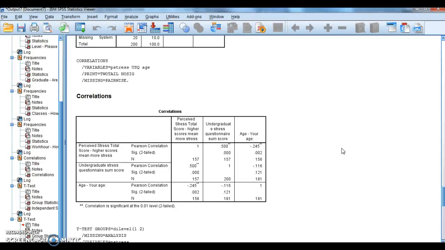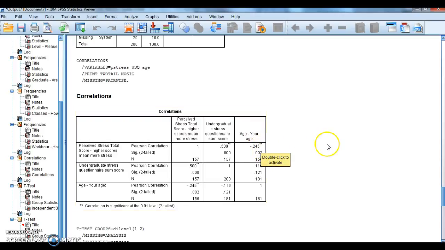If it's a negative correlation, it means that when you are higher on one variable, you're seeing a lower relationship for the other variable. So for example, here you can see we have a negative relationship with age and perceived stress. So when people are higher on age, when they're older, they have lower stress.